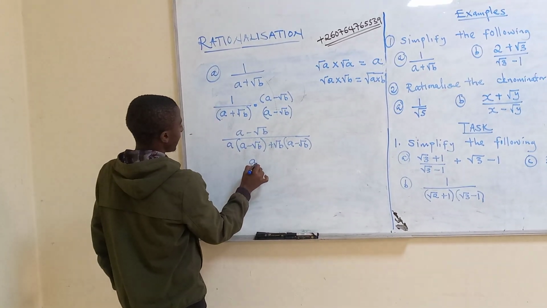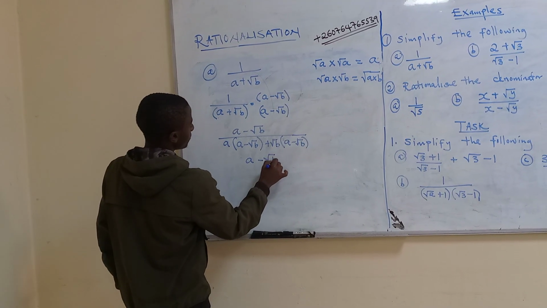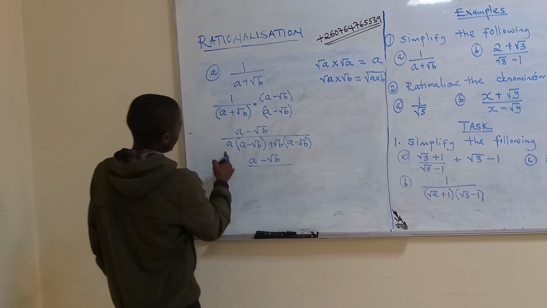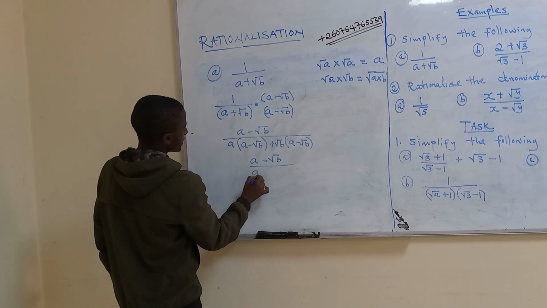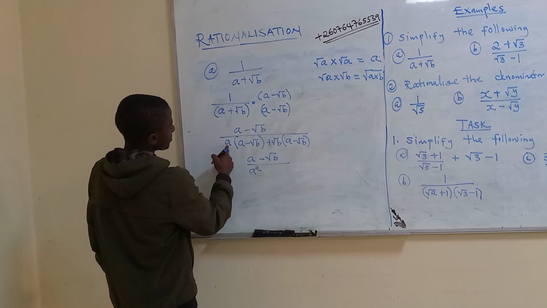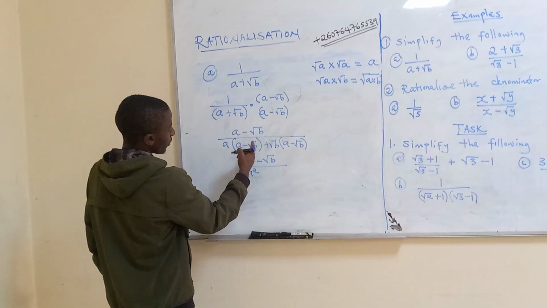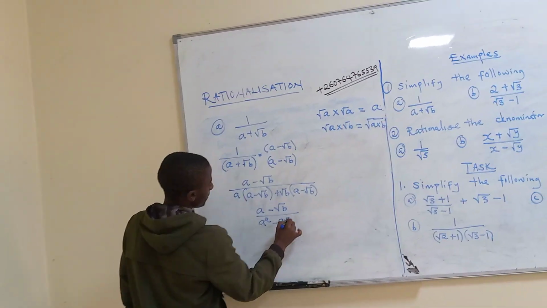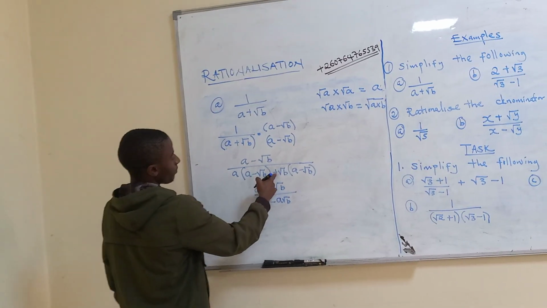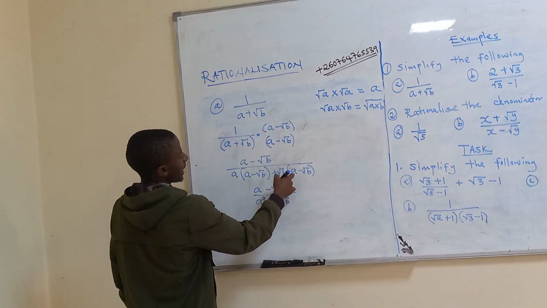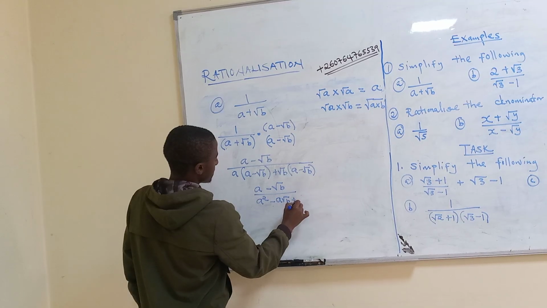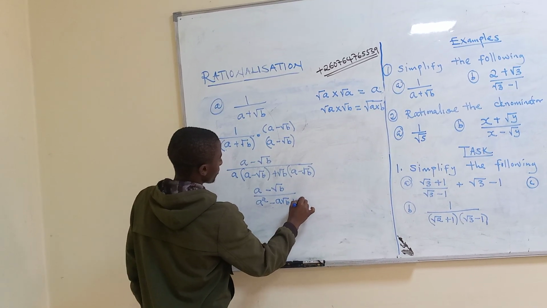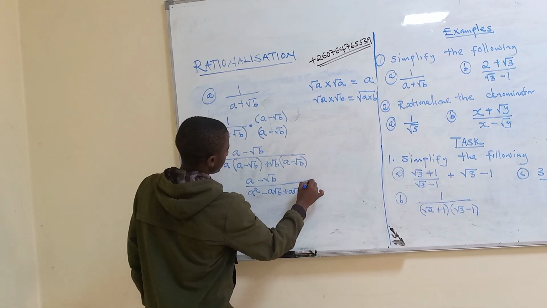So you have a minus square root of b over a times a, that is a squared. A times negative square root of b is negative a square root of b. Positive square root of b times a gives positive a square root of b.